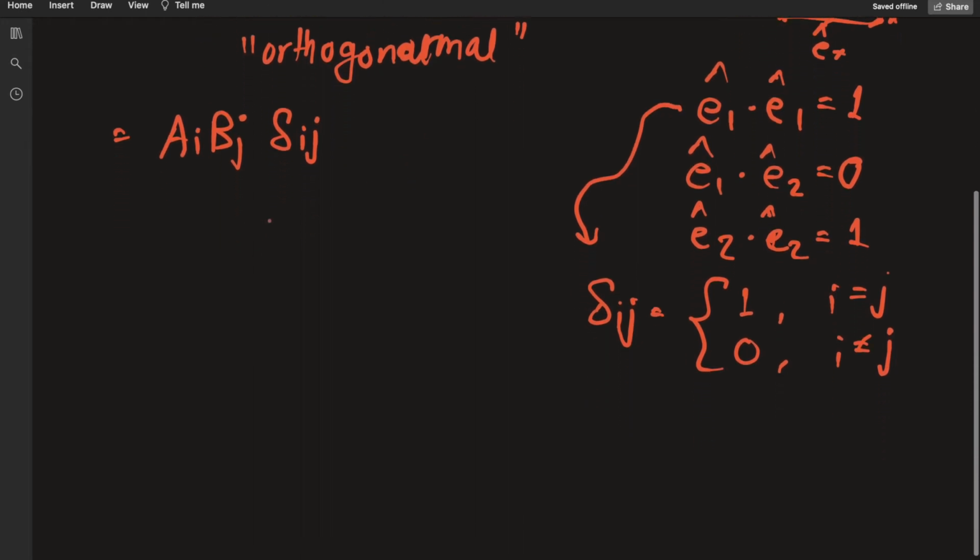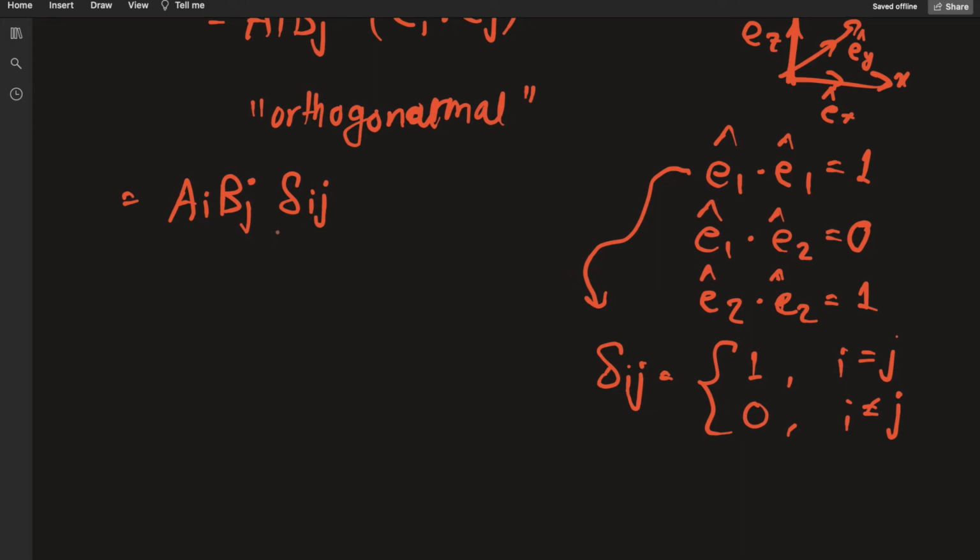And now notice that the Kronecker delta will be 0 when i is not equal to j. So if you expand this using your summation, if you write the sums again, you're going to see that all these cross entries where i is not equal to j, basically all these a1 b2, a2 b1, will go to 0, because that's how the Kronecker delta is defined.